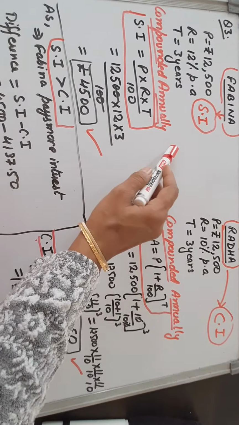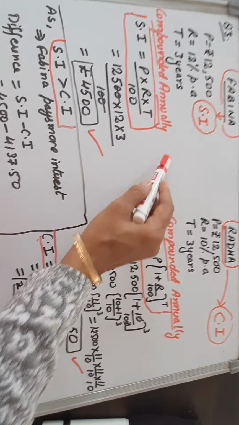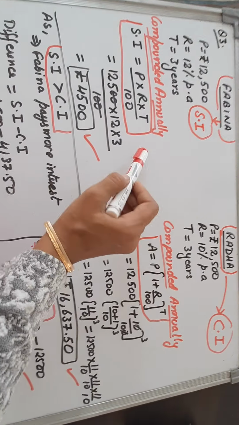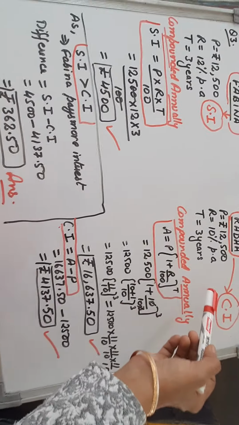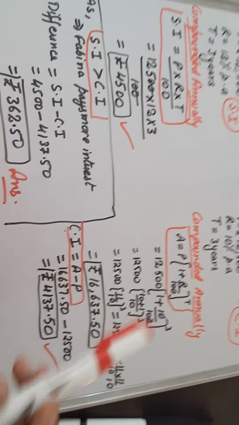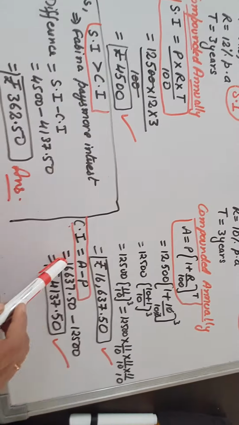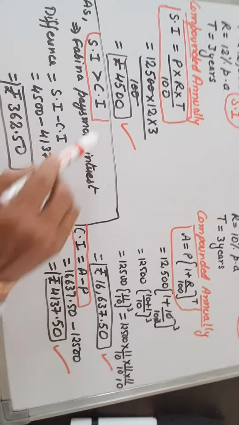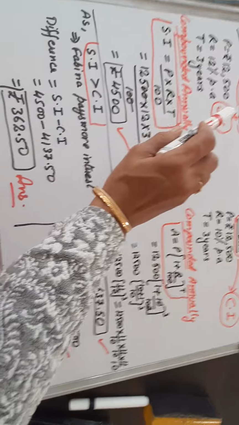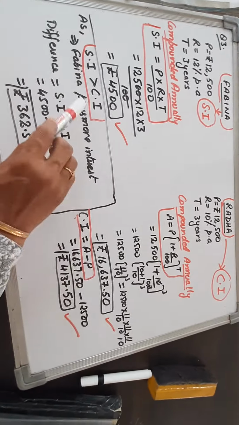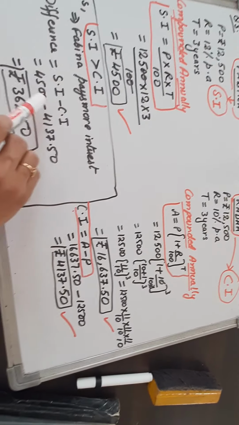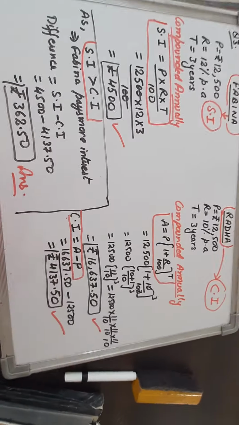But Fabina will return on simple interest and Radha will return on compound interest. So in case of Fabina, we'll calculate simple interest. In case of Radha, we'll calculate compound interest. Now they asked in the question, who will pay more interest? So we have compared, and as simple interest is greater than compound interest, this implies Fabina will pay more interest than Radha. And the difference of the two you get by subtracting them.